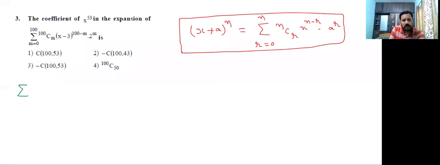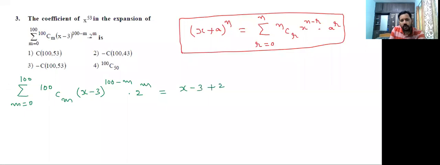Sigma m is equal to 0 to 100, 100Cm (x minus 3) whole power 100 minus m into 2 power m. How to write this, students, tell me. This is (x minus 3 plus 2) whole power 100.